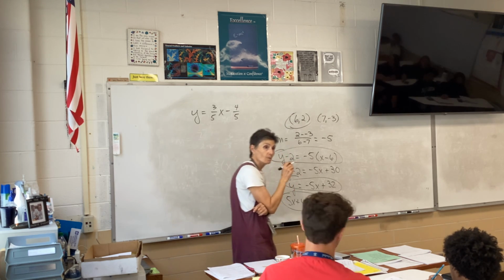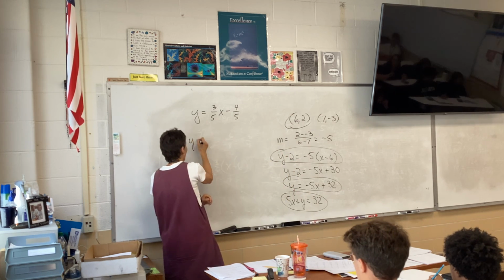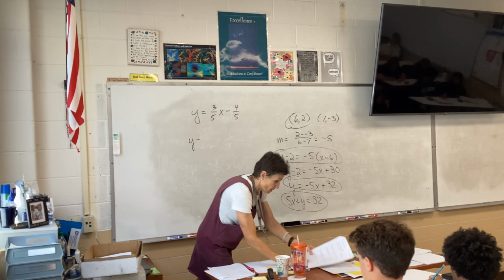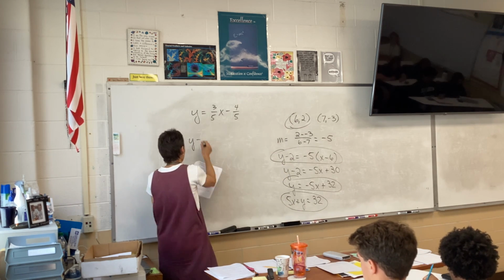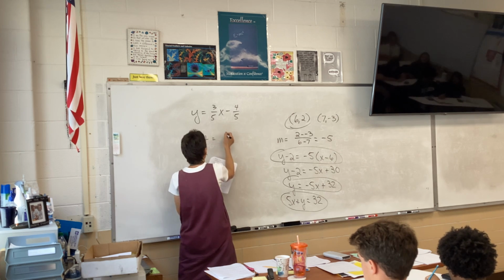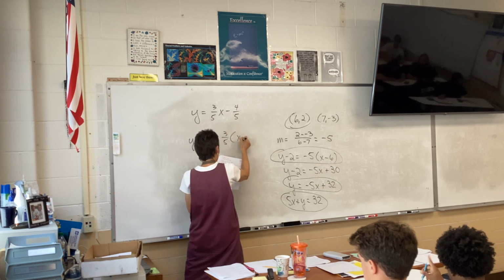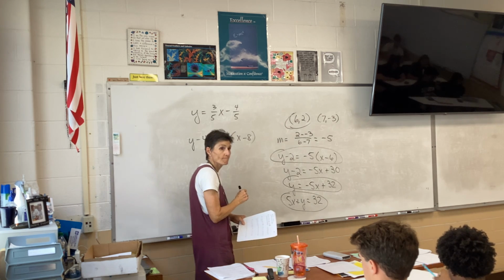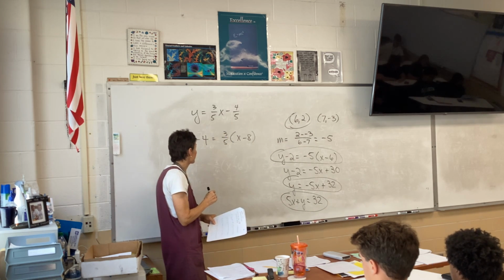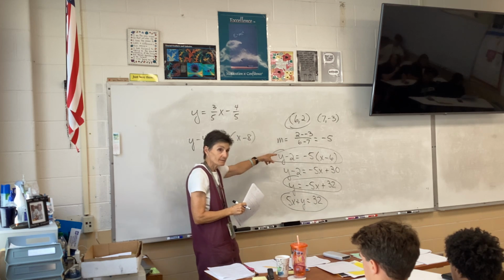Yeah. Okay, so which point did you use? I did the first one. So y minus 4 equals 3/5 x minus 8? Oh, I subtracted the 4, not added. You mean to the other side? Yeah.